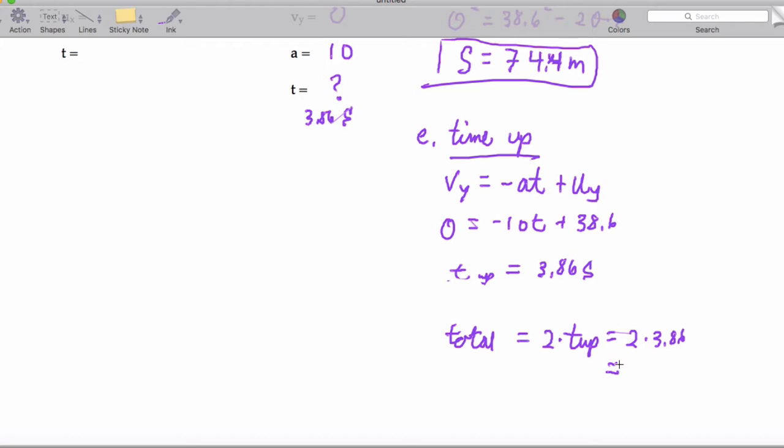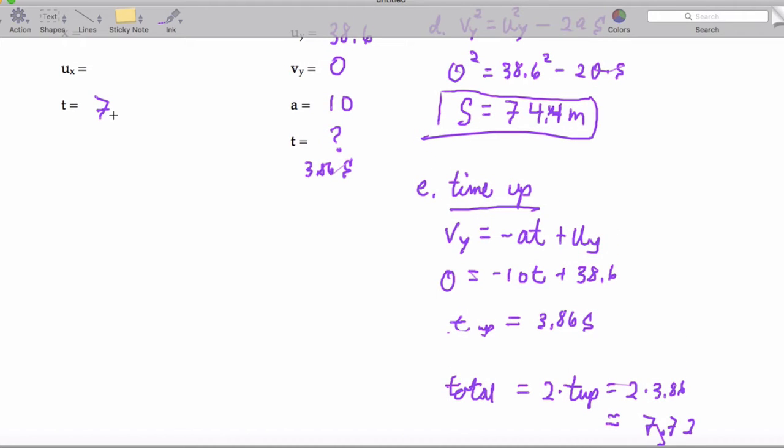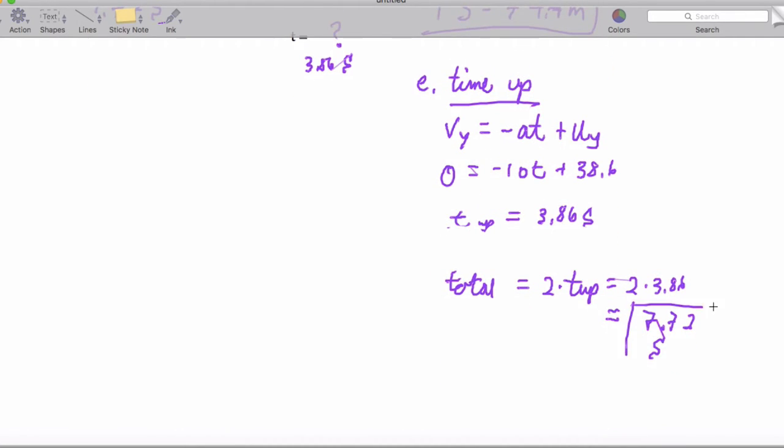And that's going to give us a total time of 7.72 seconds. Perfect. So that's part F.